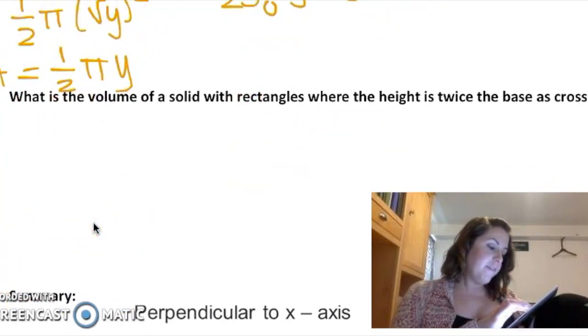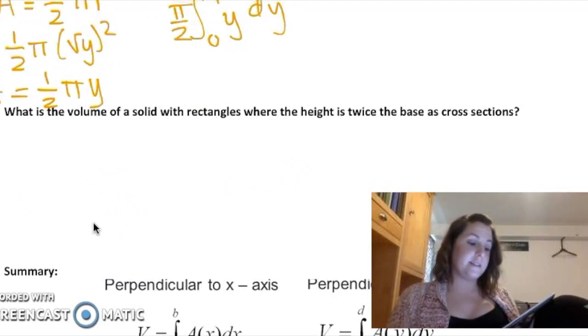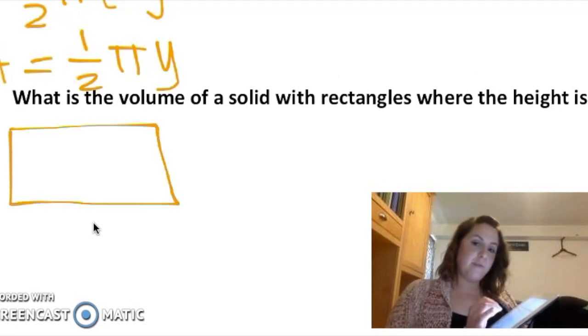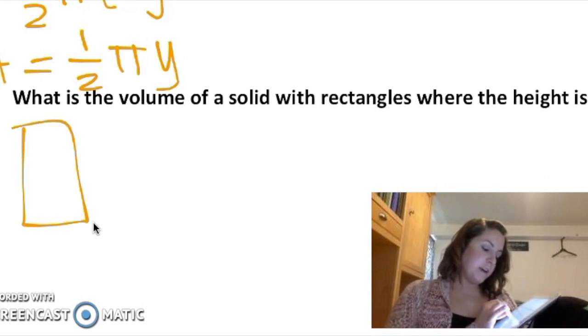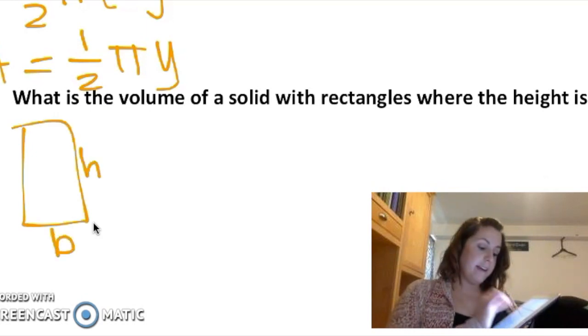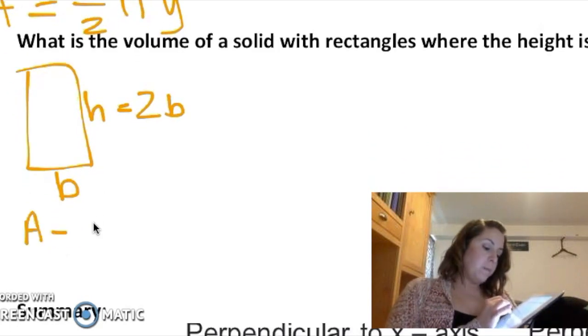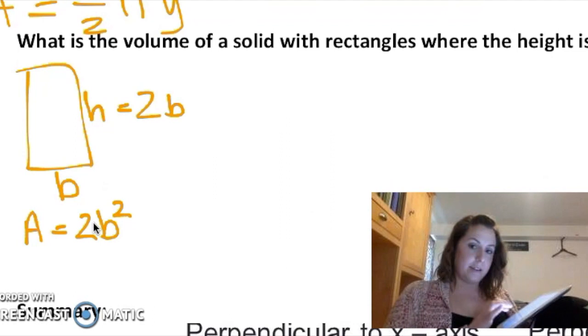All right, last one. What is the volume of a solid with rectangles where the height is twice the base as cross section? So let's think about this. Think about this rectangle where, and actually I'm going to draw it a little differently. Let's say that's our base, that's our height, and what they're saying here is height is twice the base. So the area function here would be base times height, which would be 2 base squared. So we just need to know what that base length is, right?